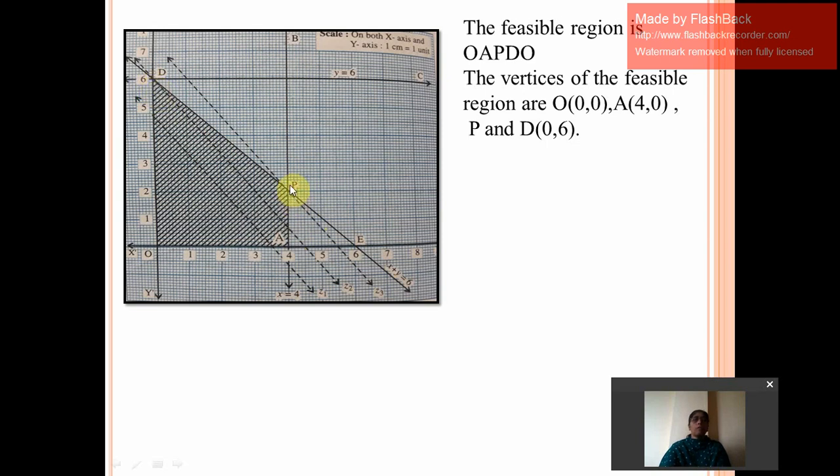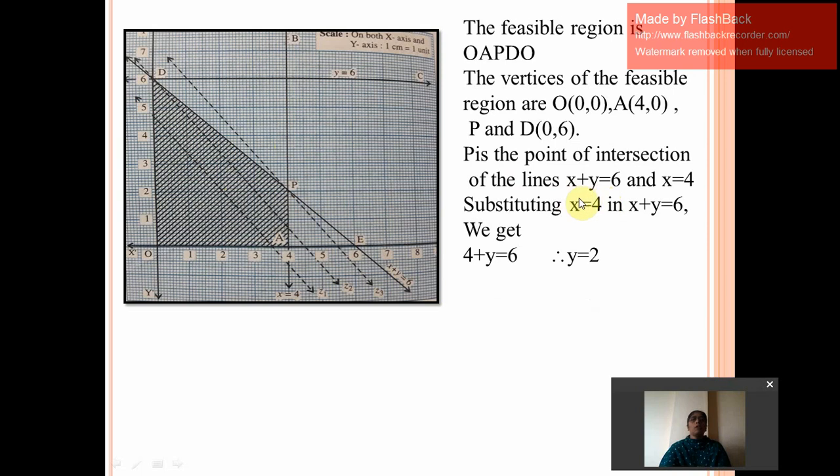To find the coordinates of P: P is the point of intersection of the lines AB and ED, whose equations are x plus y is equal to 6 and x is equal to 4. Substituting x is equal to 4, 4 plus y is equal to 6, therefore y is equal to 2. P is 4, 2.